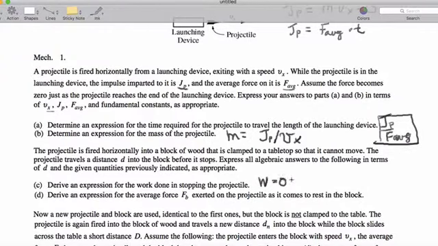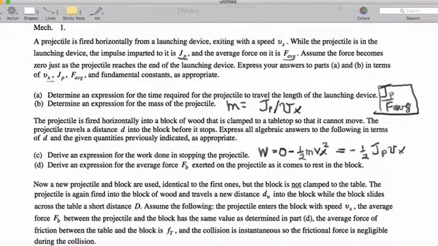It ends up with kinetic energy of 0 and starts with kinetic energy 1/2 mVx squared. But of course we solved for m in part b, so the work is going to be negative 1/2 Jp times Vx when we substitute for m.